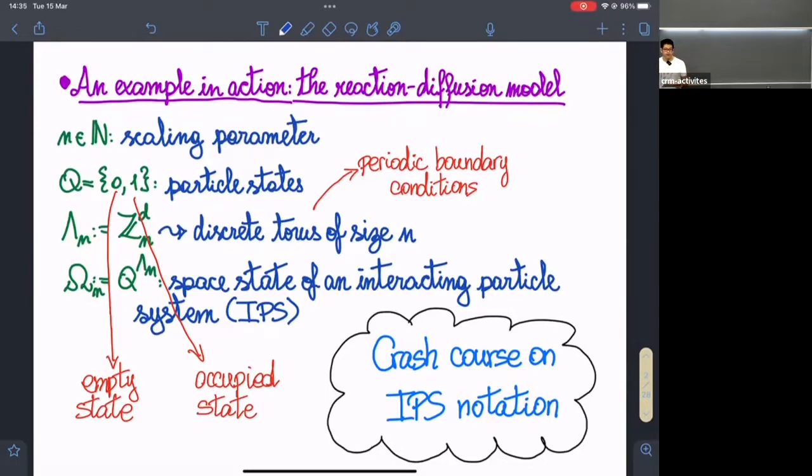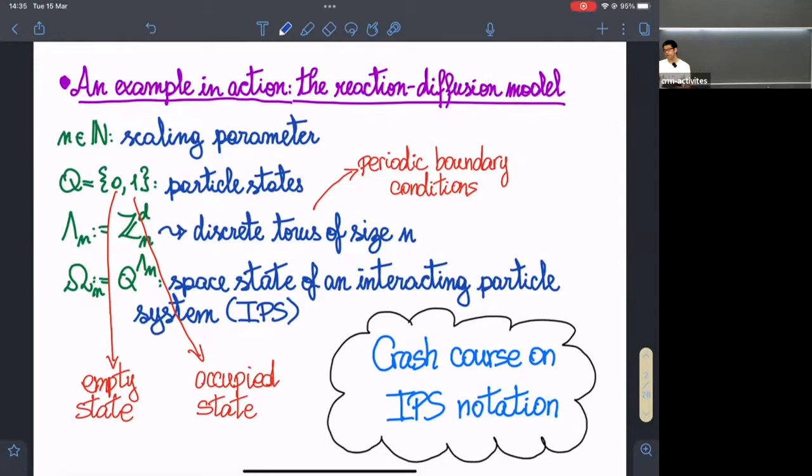So today, someone was showing simulations on a 60 by 60 grid, and you can compute 2 to the 3600. That's an enormous number. So in our reaction-diffusion model, the states are going to be empty and occupied.